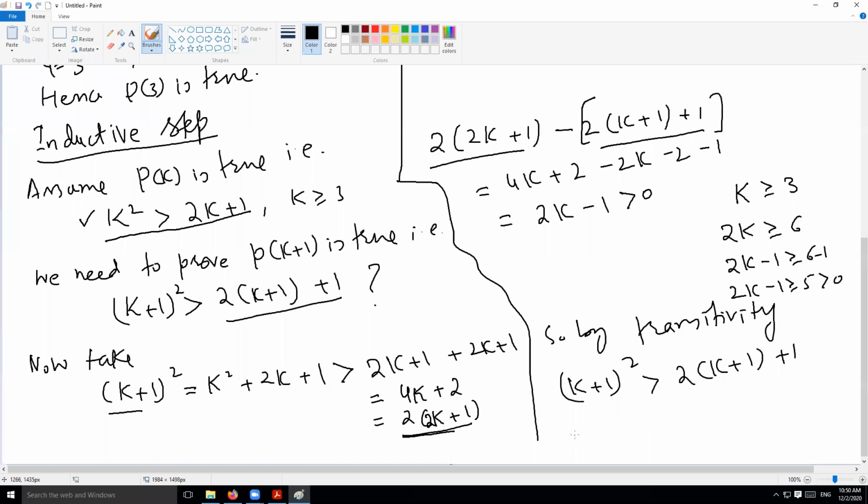That's really the proof. So we proved it through mathematical induction. Hence, I can say that P(n) is true for all n bigger than or equal to 3. That's what the proof really is.